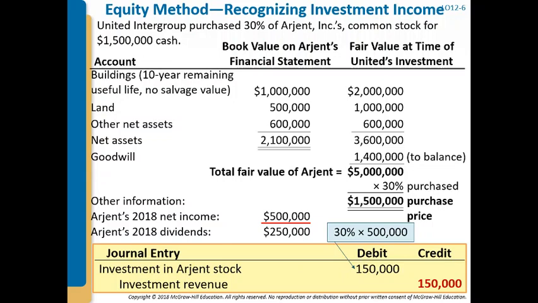Now, unlike what we saw in the previous example, if you use the equity method, dividends are not treated as revenue. They are treated as a return of capital and result in a reduction in the investment account.